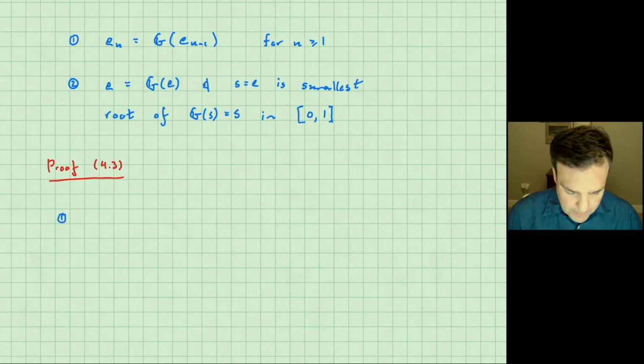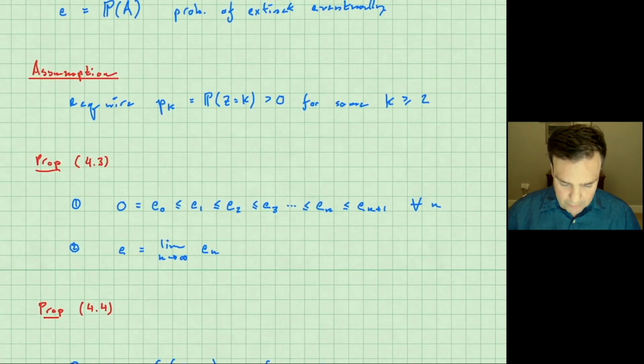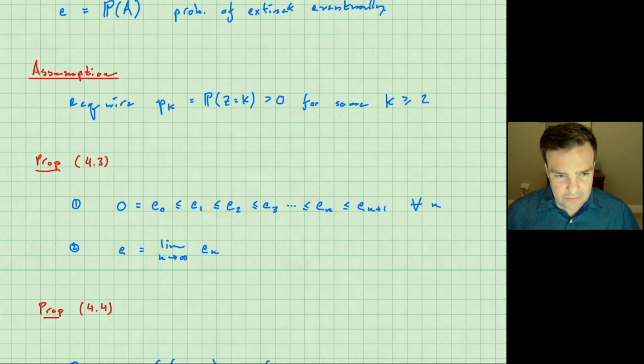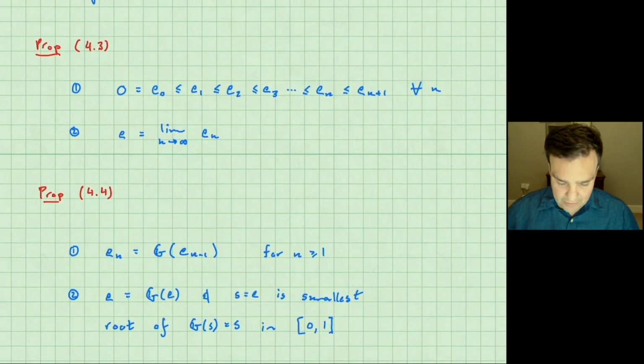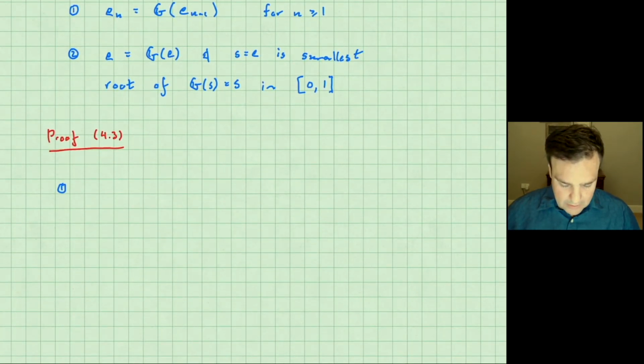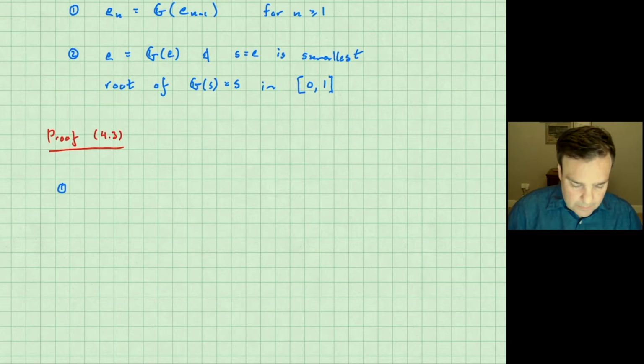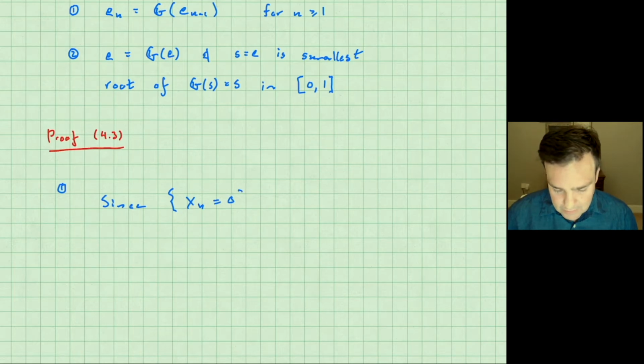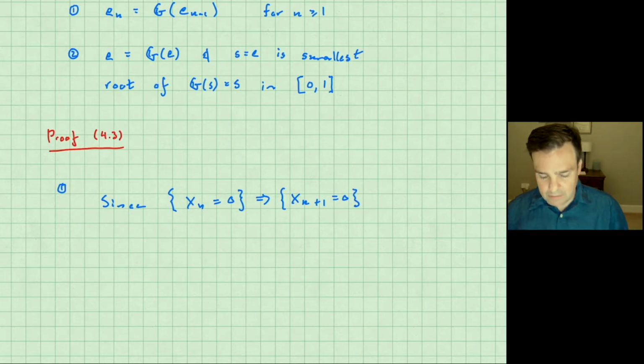So the first part that we're trying to prove, let's go back and remind ourselves what this is. This is talking about the relative sizes of these probabilities, the probability of extinction at time n, and how it always grows. Right, so for this, suppose, since you have the following, the event X_n equals 0 implies that X_{n+1} is equal to 0, right?